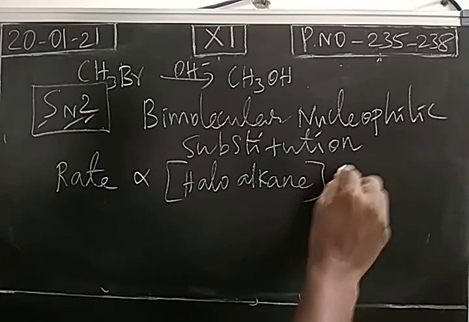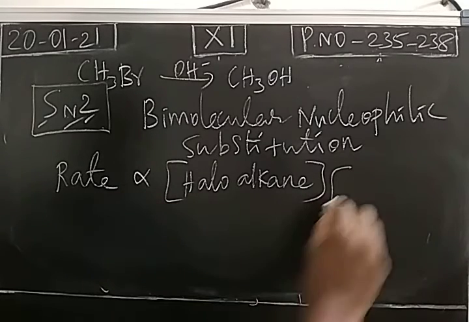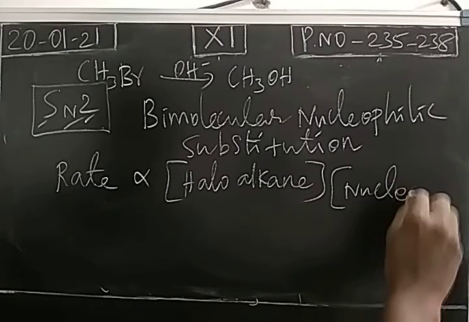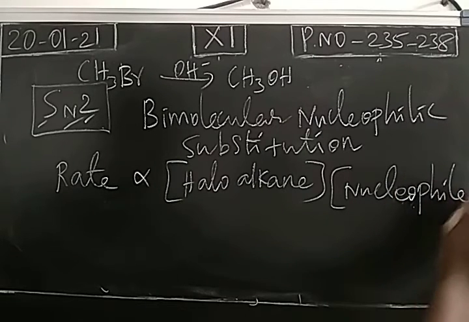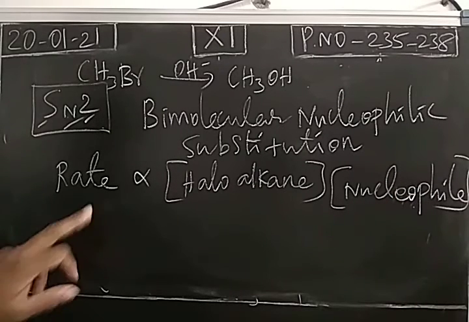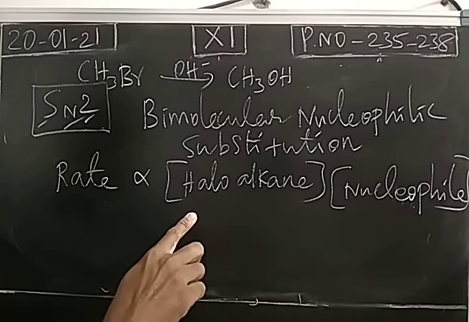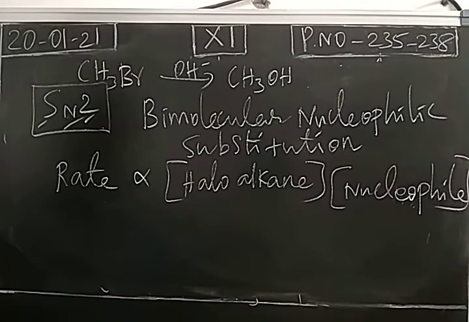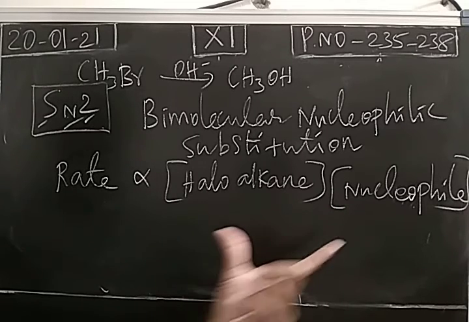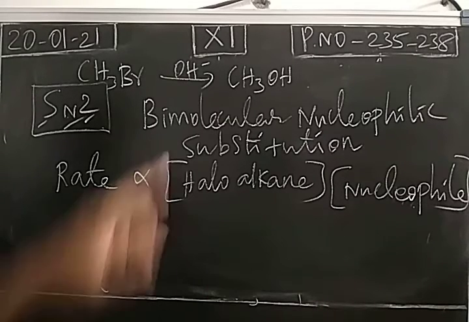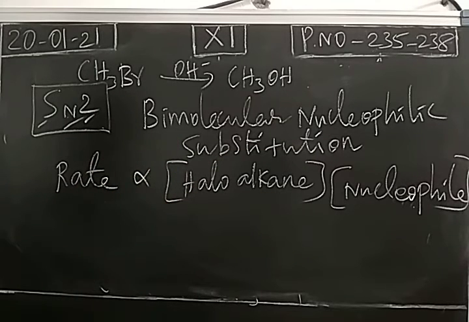As well as we have the nucleophile. The rate of nucleophilic substitution reaction depends on the concentration of haloalkane and the concentration of nucleophile. The rate depends on the concentration of two molecules, so it is called a bimolecular nucleophilic substitution reaction.